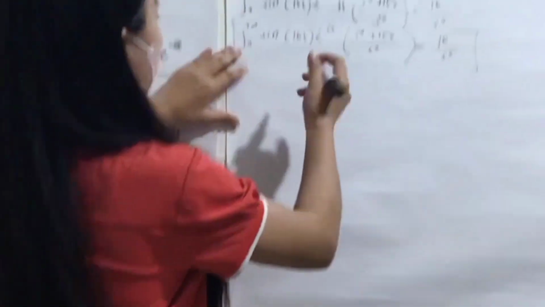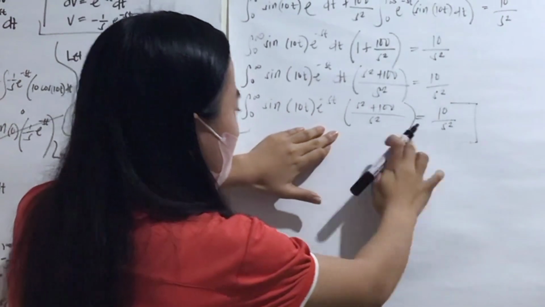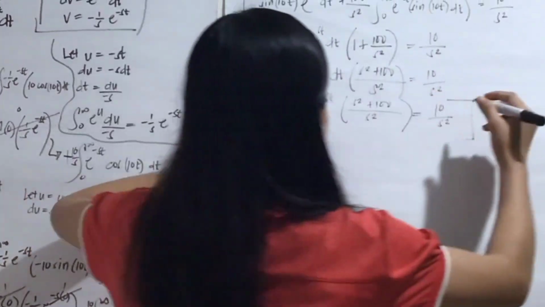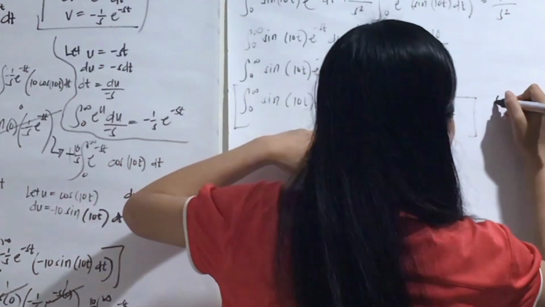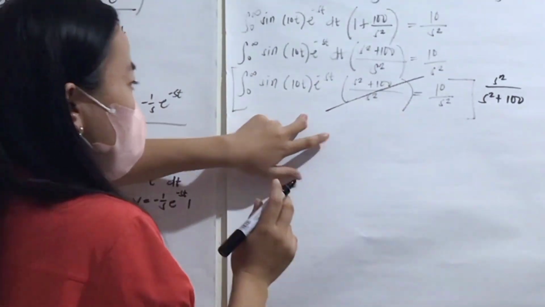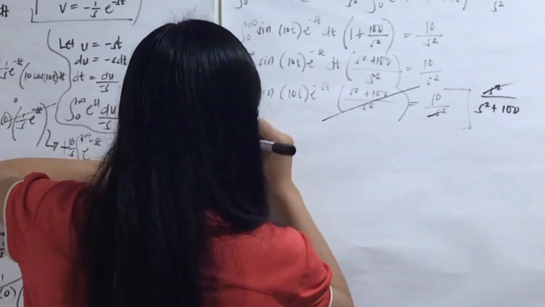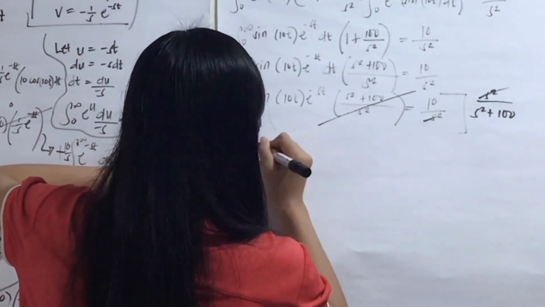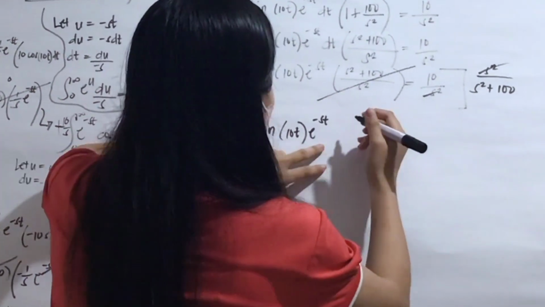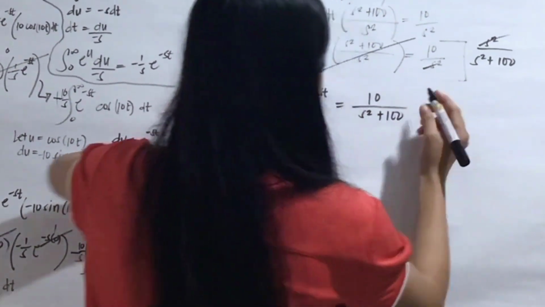So our goal here is to find the integral of this equation. So in order for us to find the integral of this equation, we need to eliminate this term. So in order for us to eliminate this term, we need to factor this out by its reciprocal, which is s squared over s squared plus 100. So we can eliminate this, and this s squared, we can cancel this out and be left with the integral from 0 to infinity sine 10t e raised to the power negative st is equal to 10 over s squared plus 100.